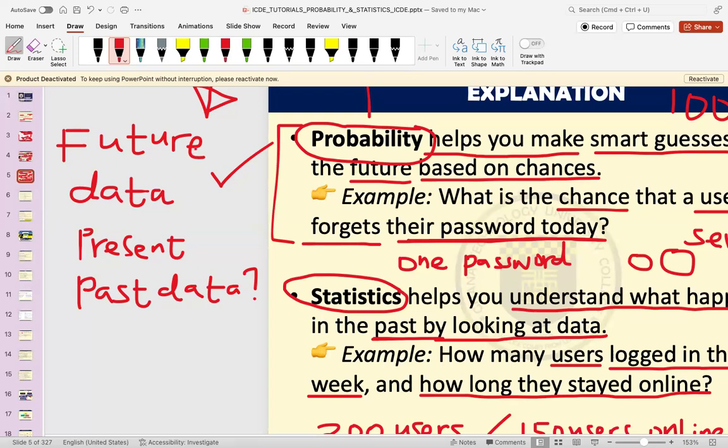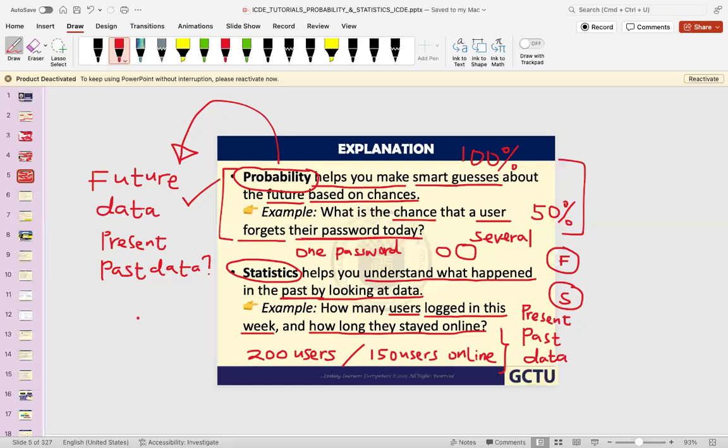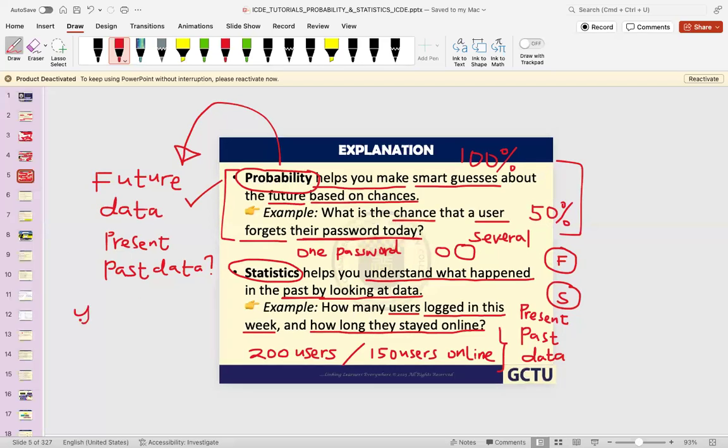How do you then plan for tomorrow? You plan for tomorrow by using what happened yesterday in addition to what is happening today to plan for tomorrow.